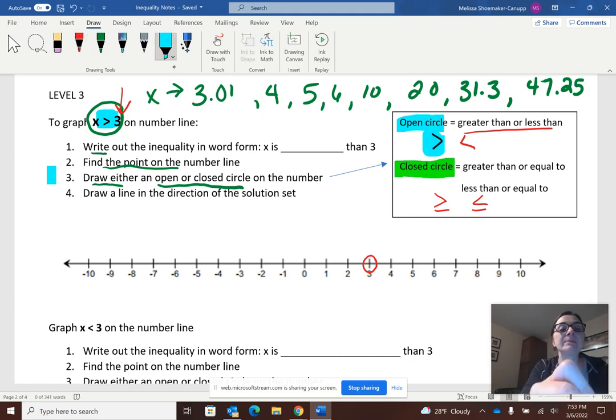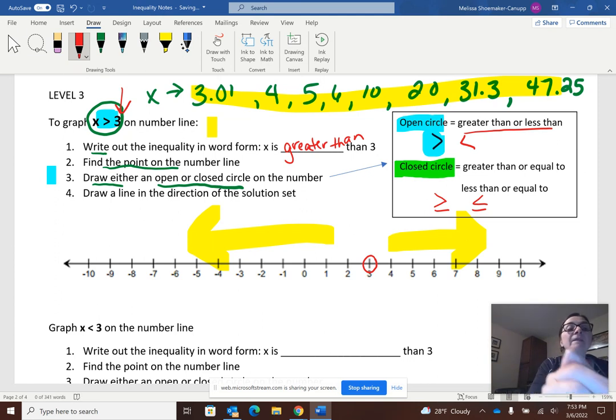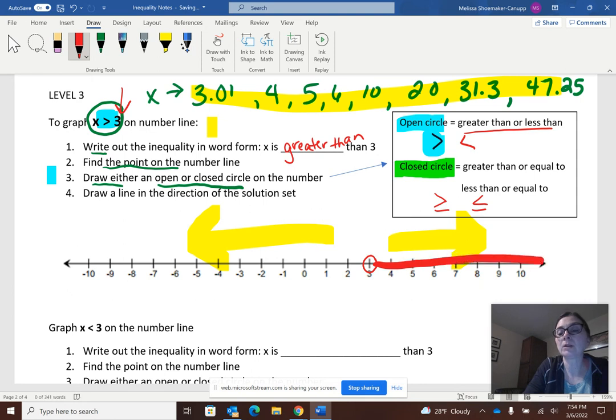The last thing that we're thinking about is, okay, all these answers that I just kind of randomly listed, are they over here or are they over here compared to 3? Well, remember what it says when we read it. X is greater than. So greater than should tell you that if x is greater than that, then you're going to be moving to all of these numbers.